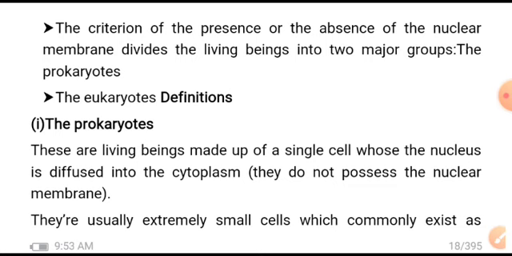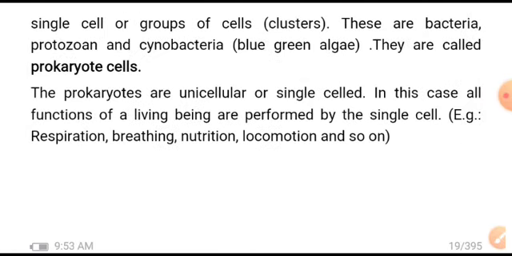So here you have to know that the prokaryotes are extremely small and commonly exist as a single cell or a group of cells called a cluster. Some examples of prokaryotic cells are protozoa, cyanobacteria, which we also call blue-green algae, and the bacteria. So these are what we call prokaryotic cells.